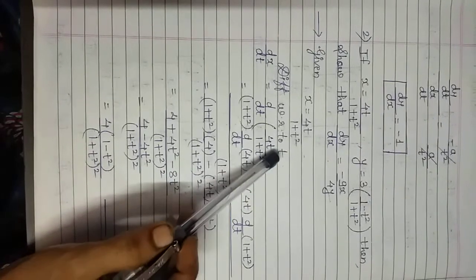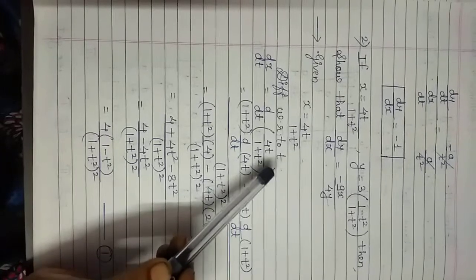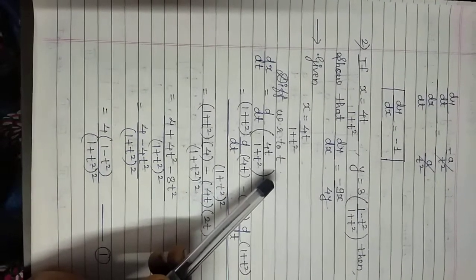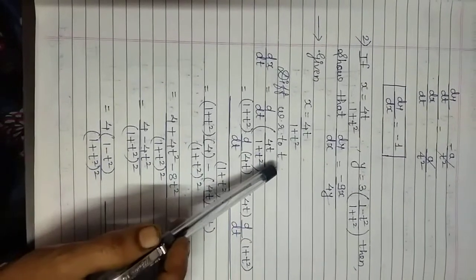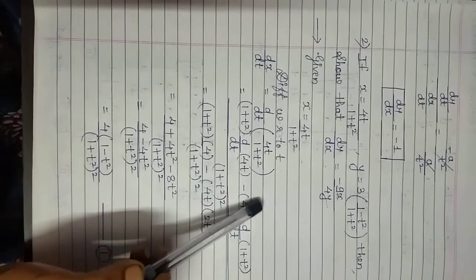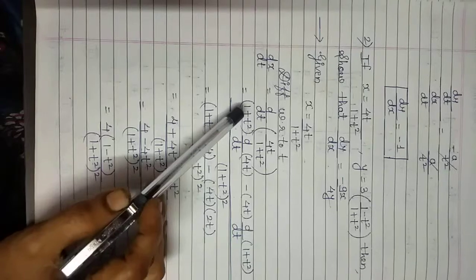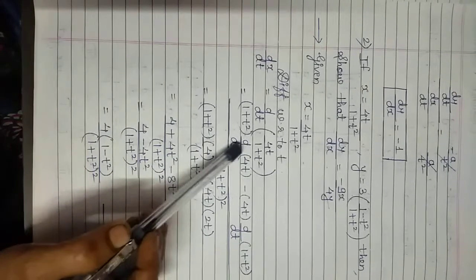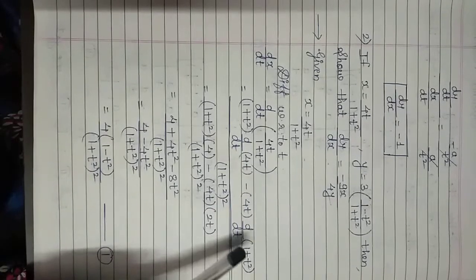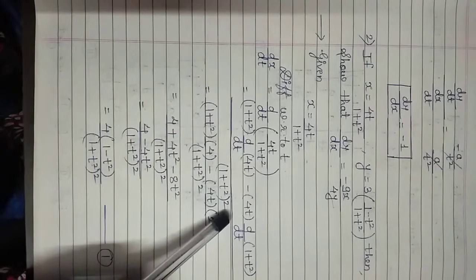Now here we will apply the u by v rule formula. Derivative of u by v is given by v derivative of u minus u derivative of v upon v square. So here 4t is the value of u and 1 plus t square is the value of v. So by using u by v rule, we will get 1 plus t square into derivative of 4t minus 4t into derivative of 1 plus t square upon 1 plus t square the whole square.